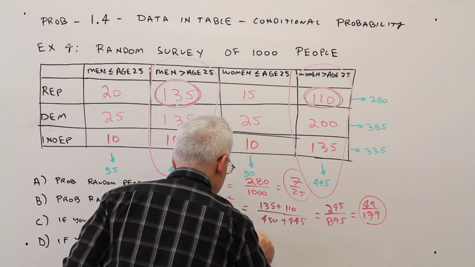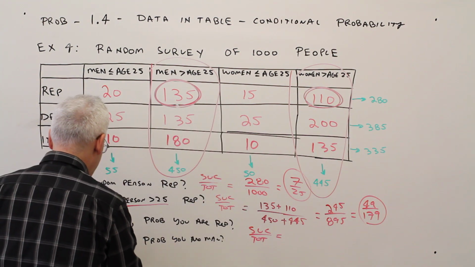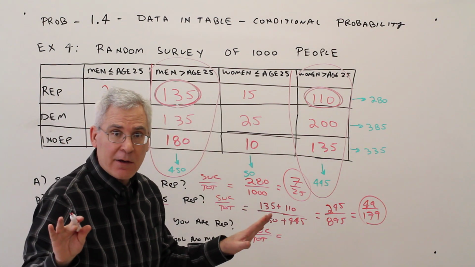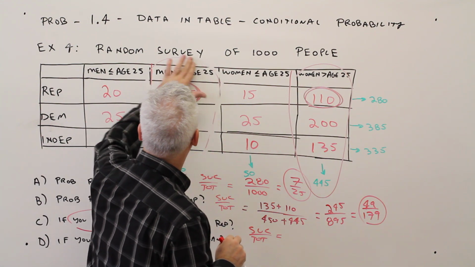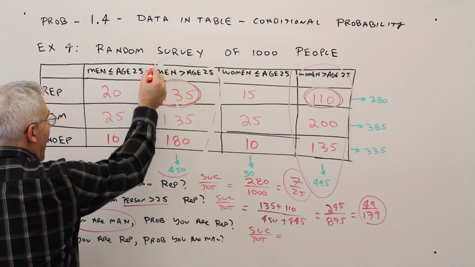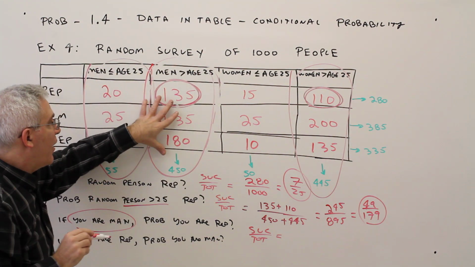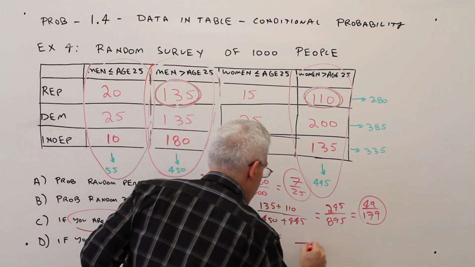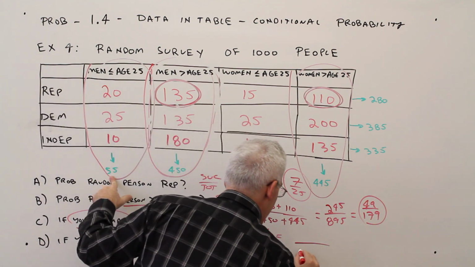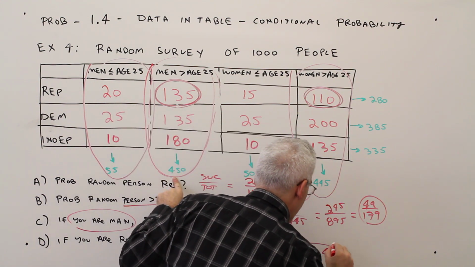Again, successful over total, out of all the men. So that would be 55 men there plus 450 men there.